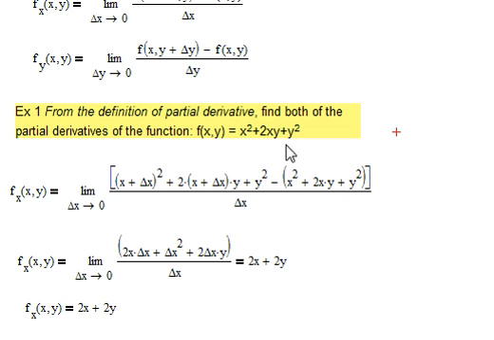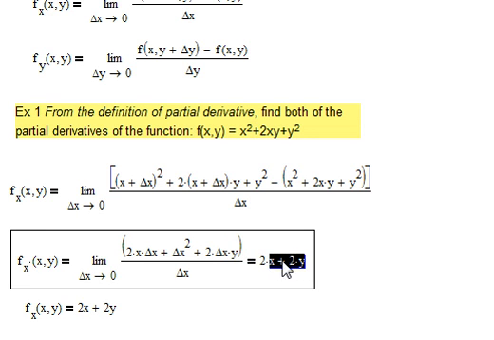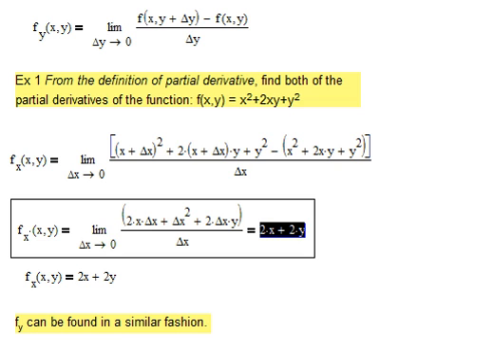A few things to note. If you took the derivative of this and y was a constant, it would be 2x plus 2y plus 0. So that's exactly what you do. You treat the y variable as a constant. And so the partial derivative with respect to y can be found in a similar fashion.